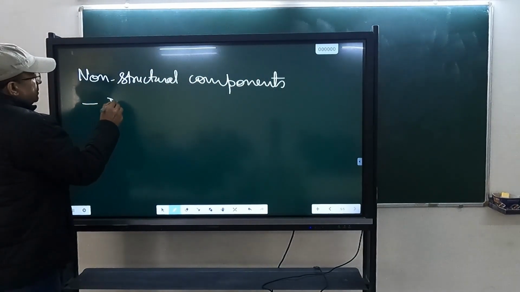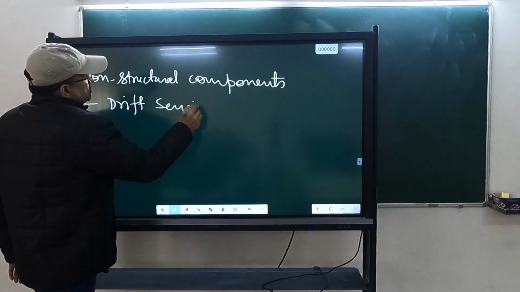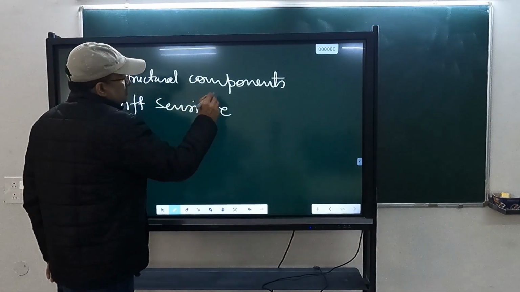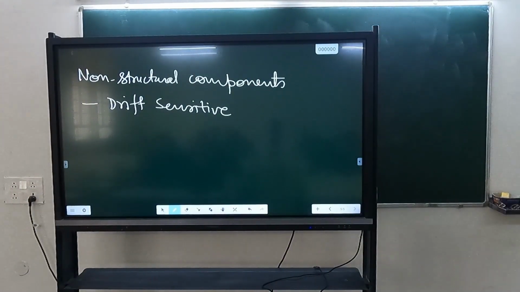First, drift sensitive. Drift sensitive components are those which are connected between adjacent floors, like piping, partitions, infill, or any other equipment which is connected between 2 floors.